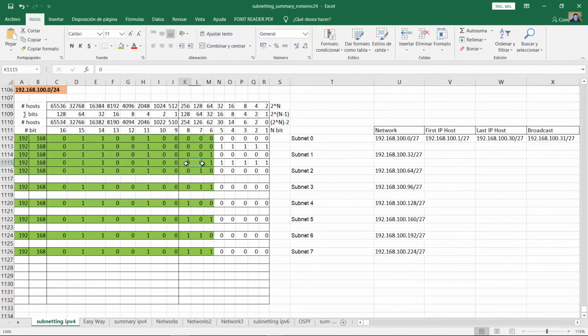If this is 64, this is 63. The broadcast for subnet 1 is 192.168.100.63, subnet mask 27. The first IP is one next to the network, 33, and the last IP is one before the broadcast, 62.